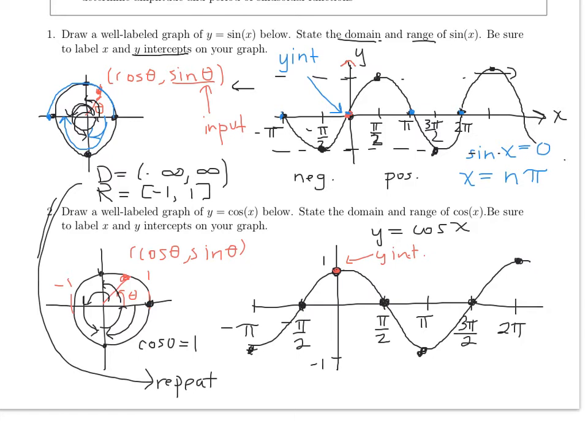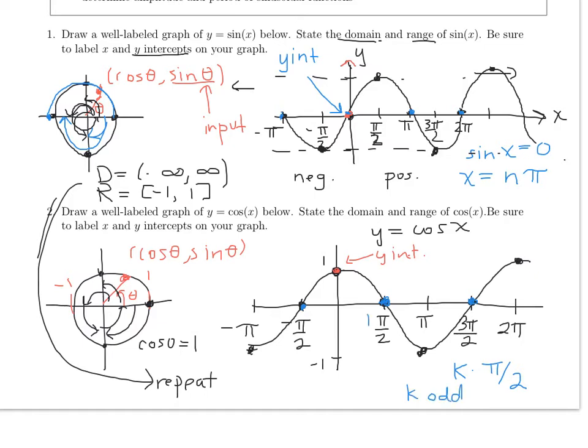And we have different x-intercepts, so where we're hitting the x-axis will not be at the whole integer multiples of pi, but at the odd integers of pi over 2. So k has to be odd.